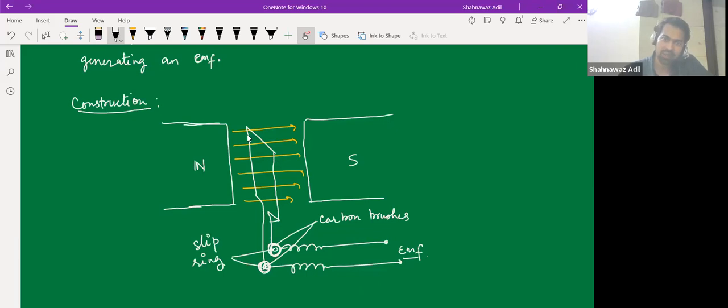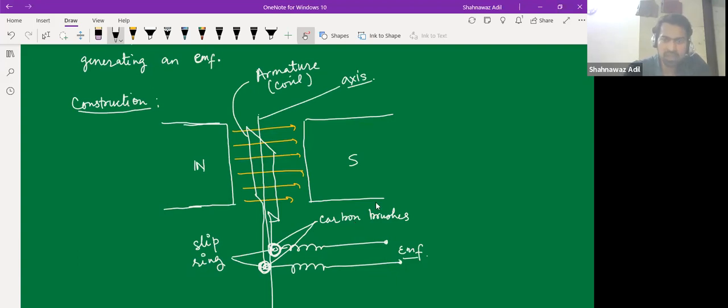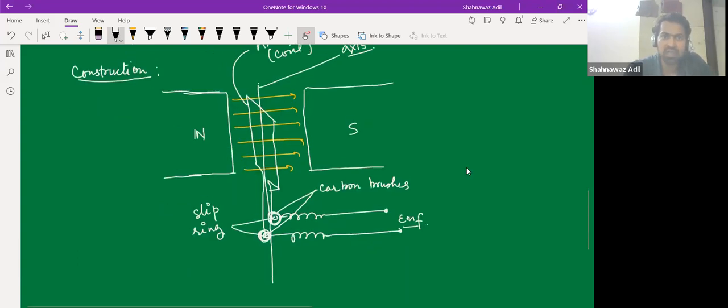And this coil is called an armature. So this is a coil, right? Armature, okay? And it has a perpendicular axis, right? So this is the axis. Okay, so this is the basic construction of an AC generator.